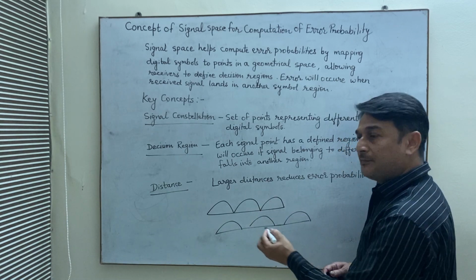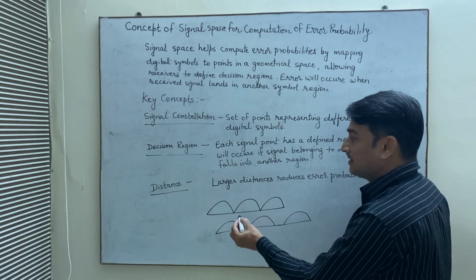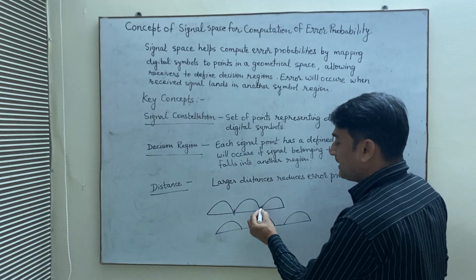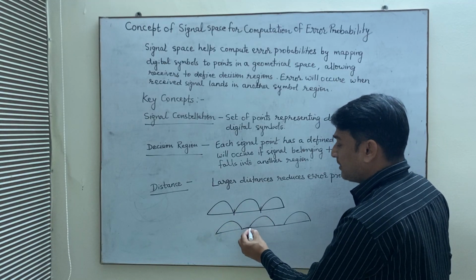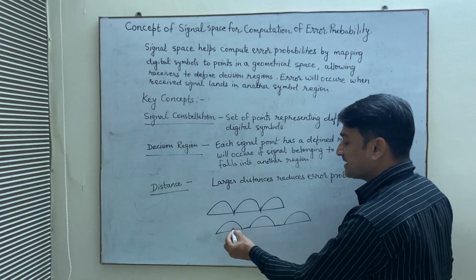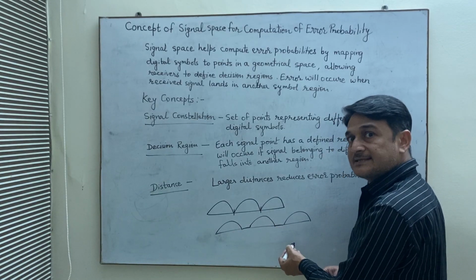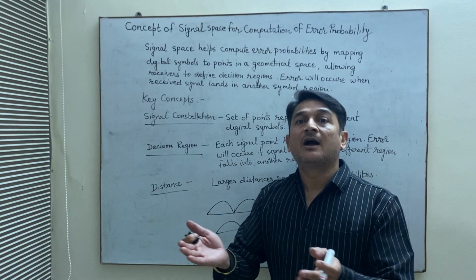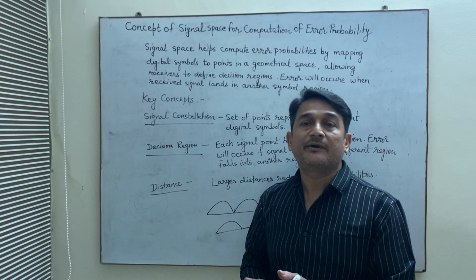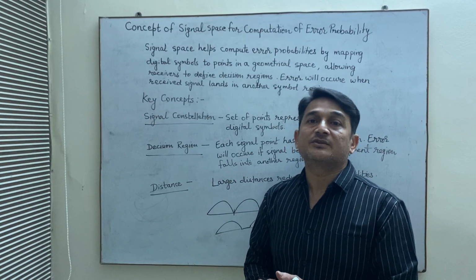In the first diagram, signals are touching each other, so the error probability is more. Here you have sufficient space to accommodate signals, so the error will be less in this region. From this example, you can understand how distance plays an important role in the error concept.